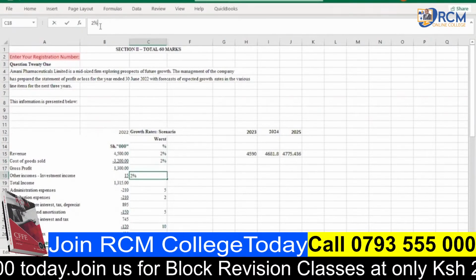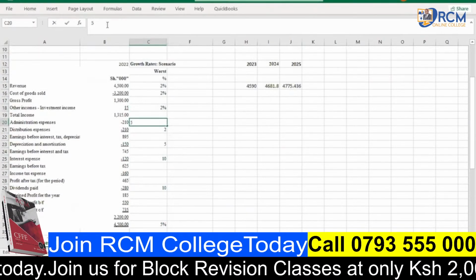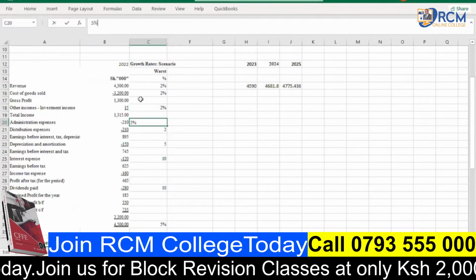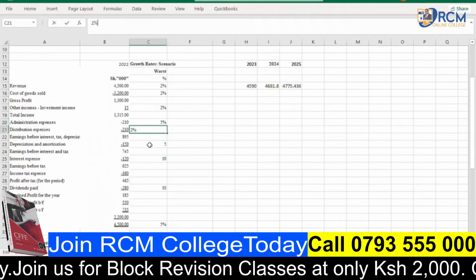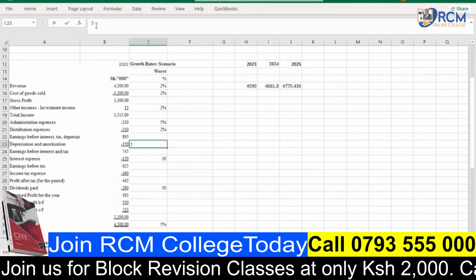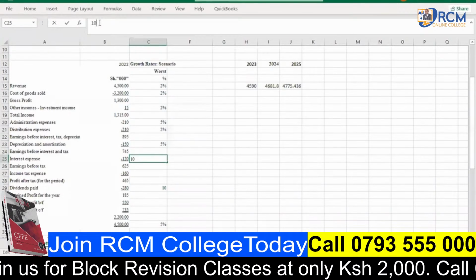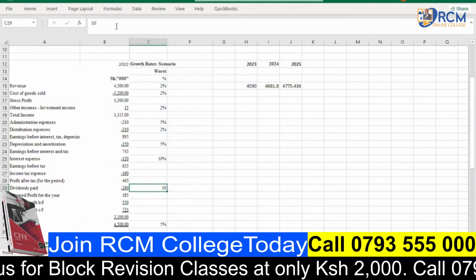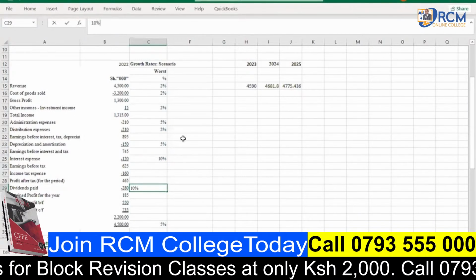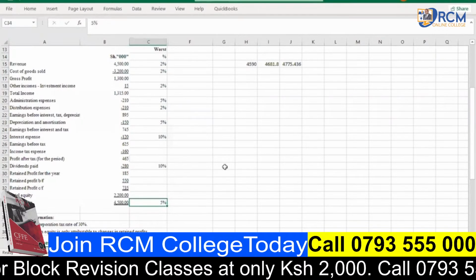Make those ones to be percentages because you're going to use them for the 3 scenarios. Let's just make them to that pattern because some people are not able to understand why we are converting 10 to 10%. That is what they are indicating.